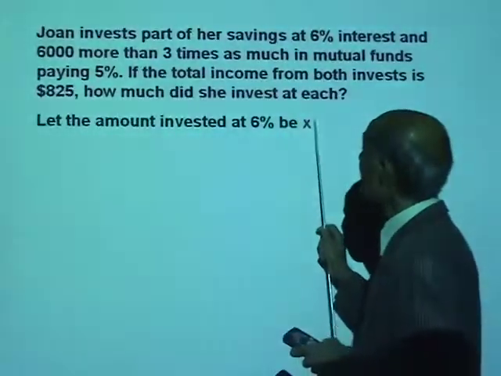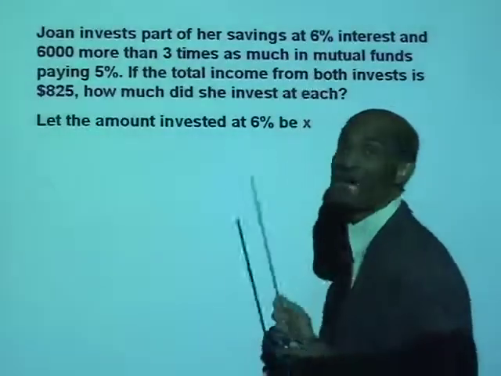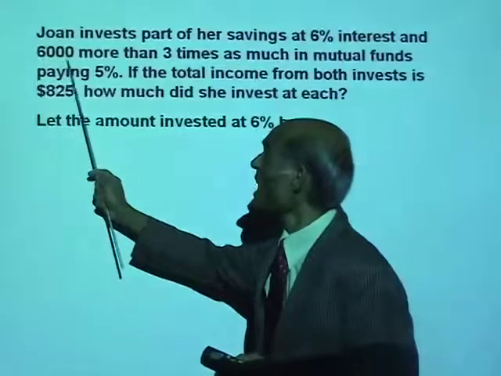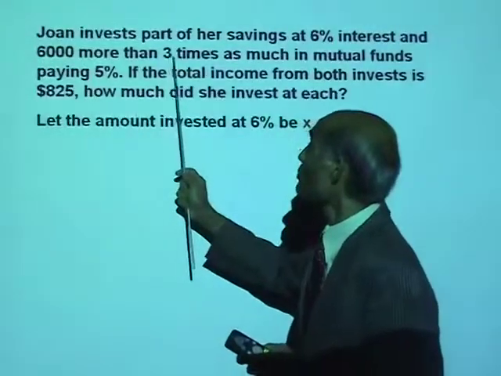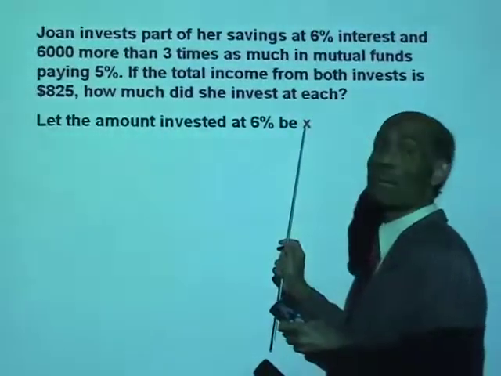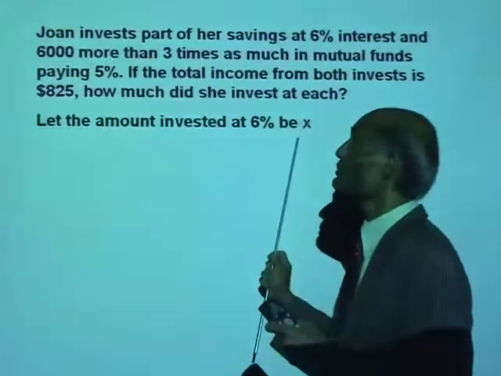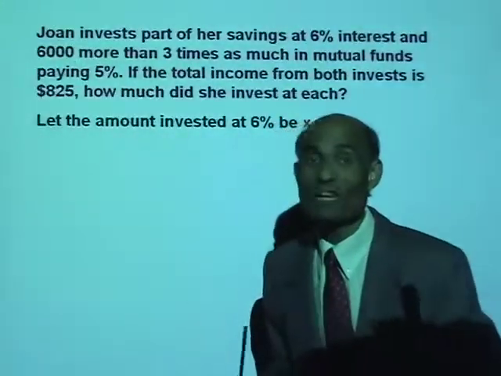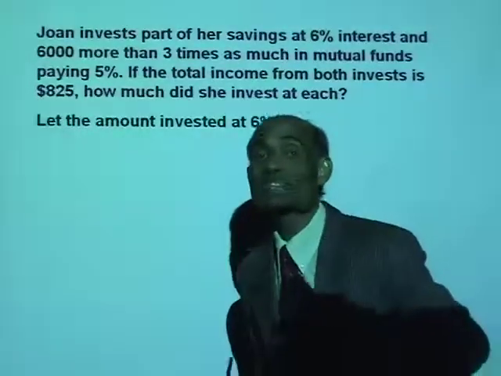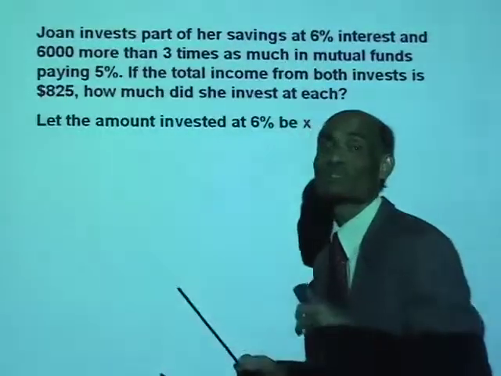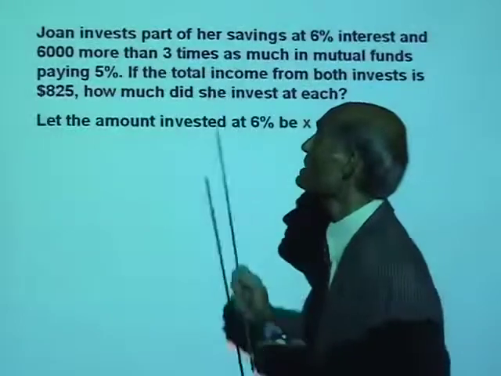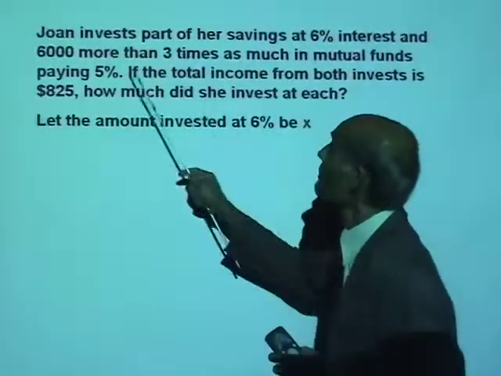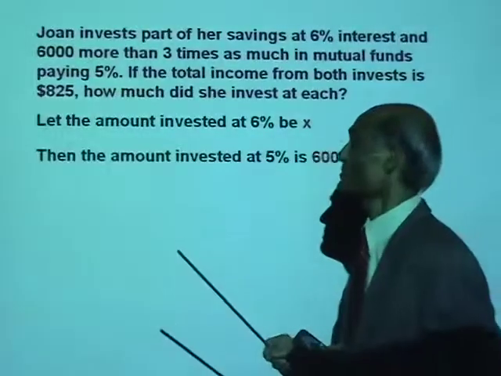If X is the amount she invested at 6% interest, then she invested 6,000 more than 3 times as much. 3 times X is 3X. 6,000 more than 3X is 3X plus 6,000. So the amount of money she invested in the mutual funds is 3X plus 6,000.